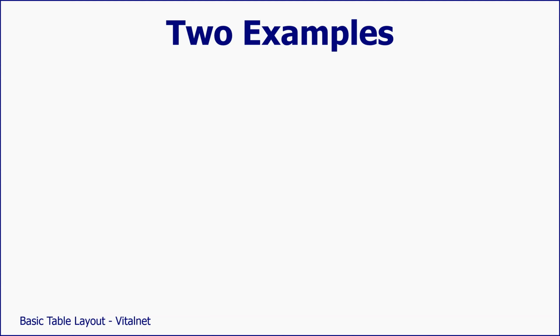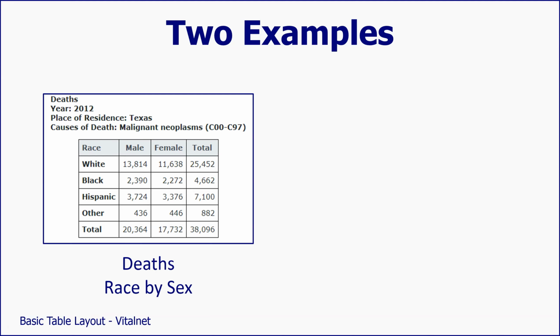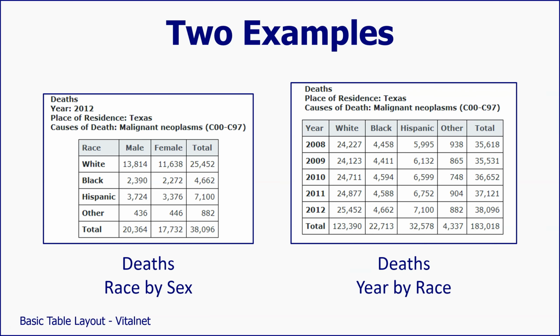Here are two examples of basic table layout. On the left, the main statistic is deaths with race rows and sex columns. On the right, the main statistic is again deaths with year rows and race columns.